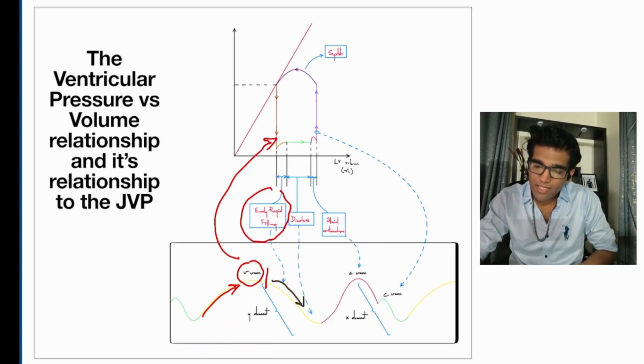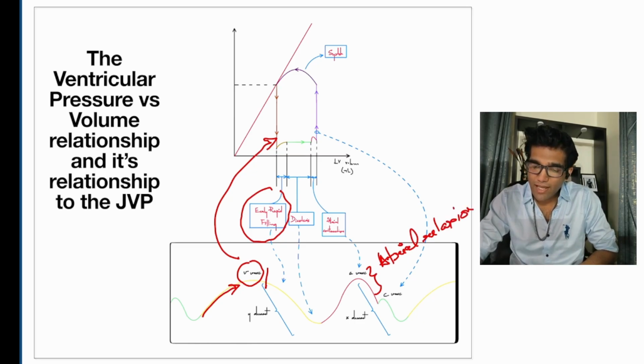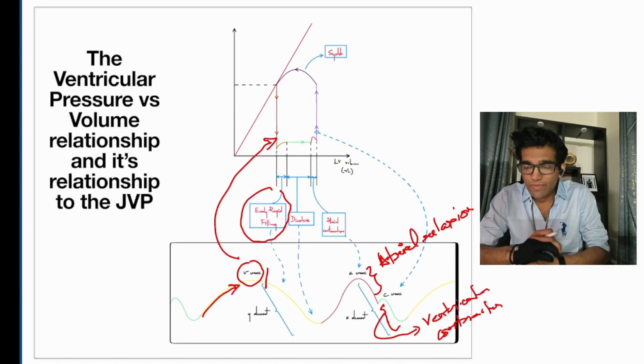The X descent initially depends on atrial relaxation, and after the AV valve closes, the X descent actually depends on ventricular contraction. Why? Because the ventricular contraction is what is pulling down the tricuspid valve annulus.